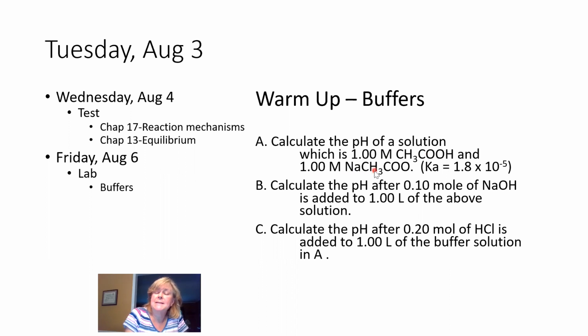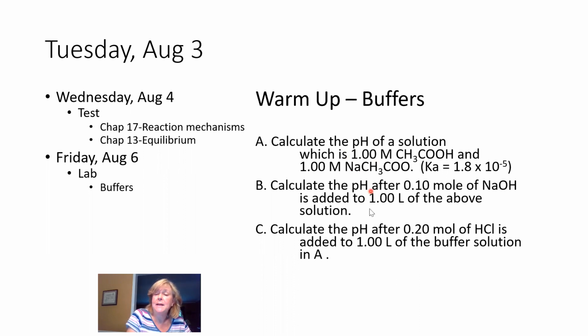Now the sodium acetate would break up into its ions, and the sodium is a spectator, so it's not going to be involved in anything we write down, but the acetate is the conjugate base of acetic acid, and buffers have a conjugate acid-base pair in them. So A is a buffer. We want to calculate the pH of that buffer solution, and we can do that by taking pH equals pKa plus the log of our base over our acid.